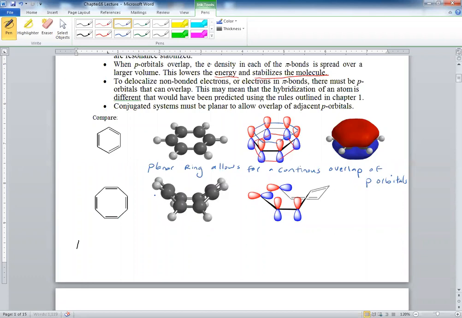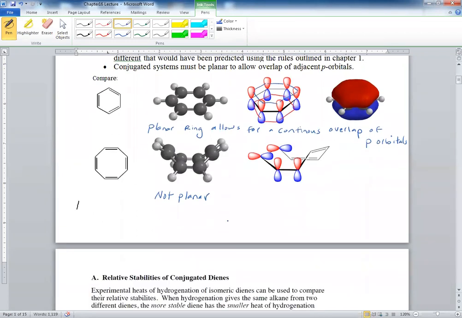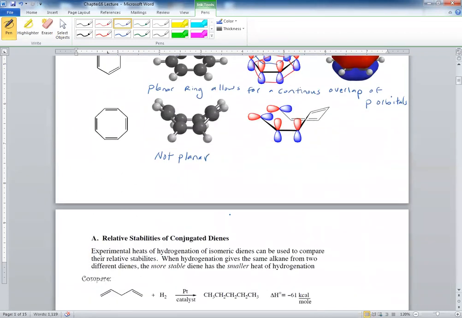Versus in the second structure right here, you notice that it's not planar. It is not planar. And because of that, you cannot have a continuous overlap between the p orbitals.